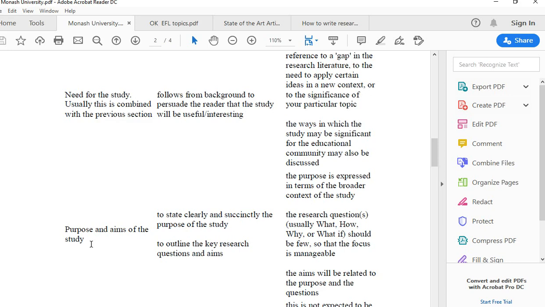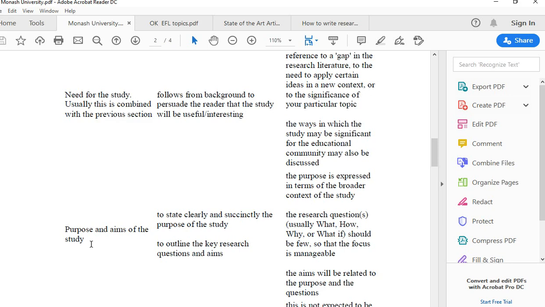This is a section that in some proposals comes under a separate category. In some proposal formats, in some other universities, they present it in a separate section which is called the purpose or aim of the study, or sometimes they call it the objectives of the study.